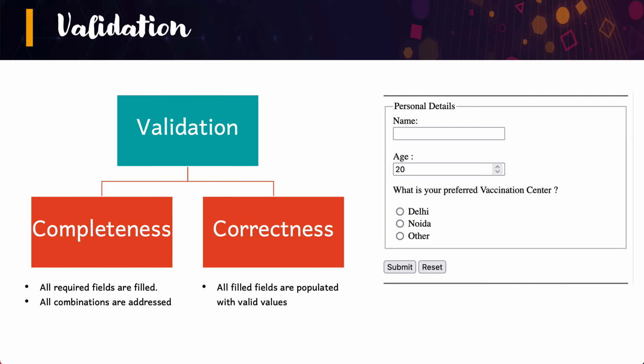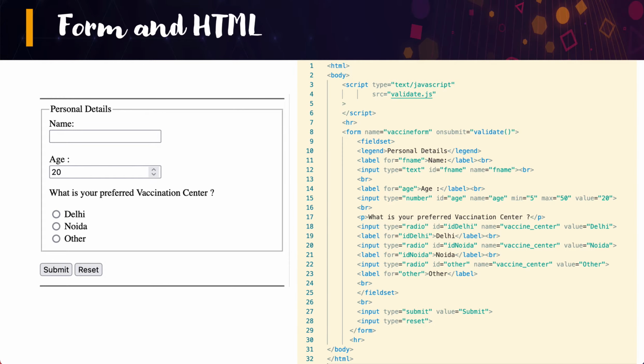We take a look at how to do some of this completeness and correctness validation using a simple form that is provided on the right hand side. It really only has three fields: a name, age, and a preferred vaccine center, whether it is Delhi or Noida or other. Let's look at the form, the HTML on the right hand side, and the presentation, which is the rendering on the left hand side.